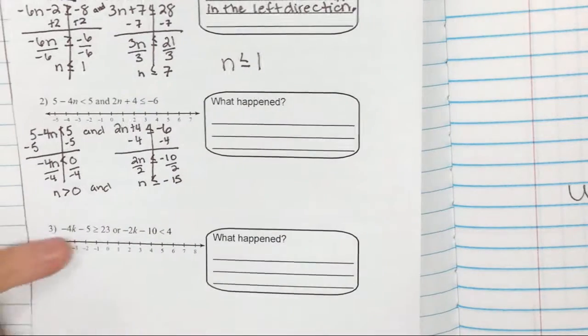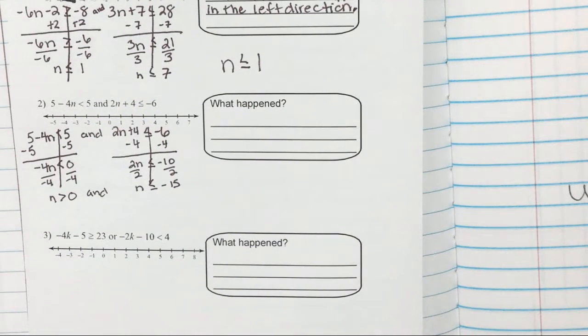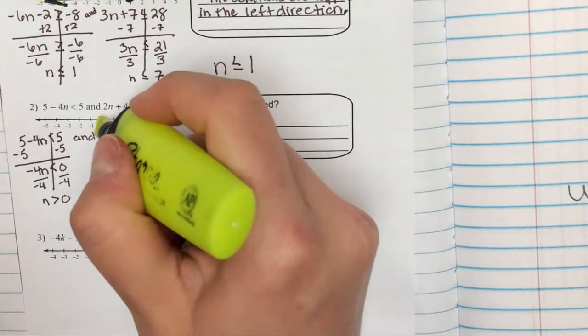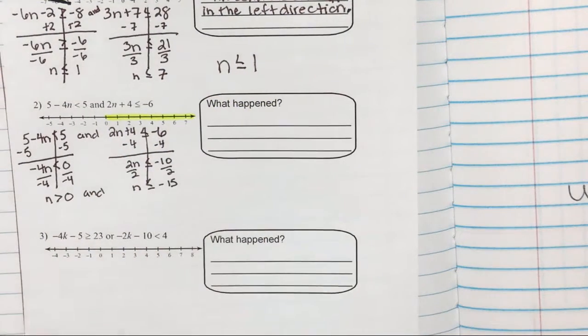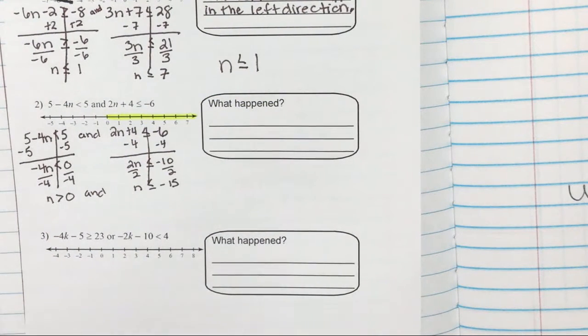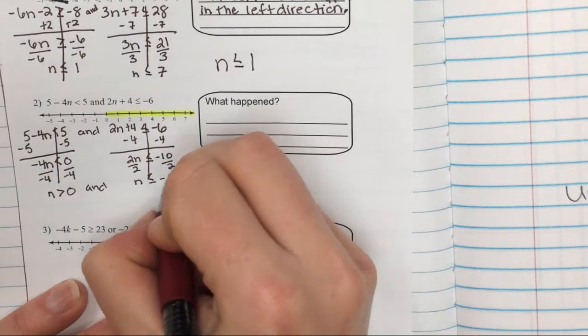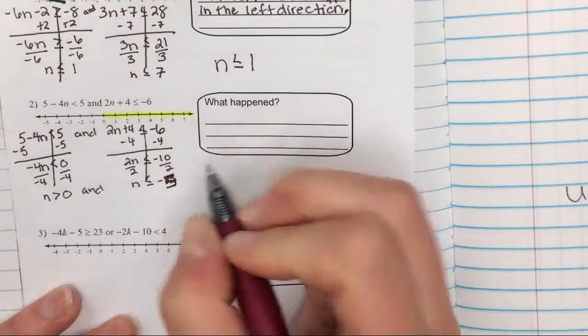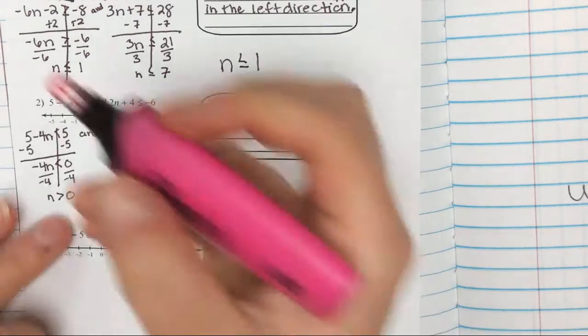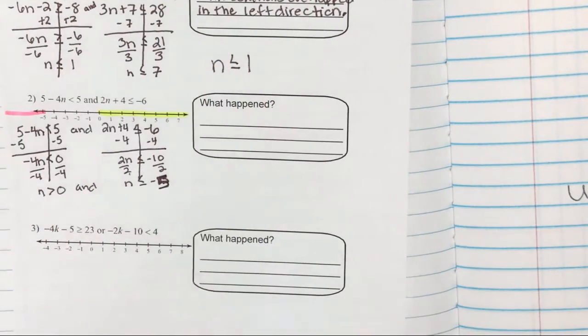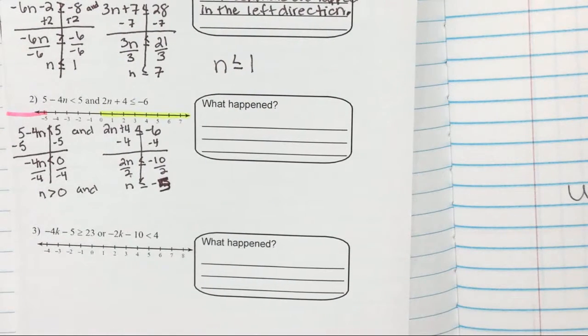So if I look at n is greater than 0, that's here. And if I look at n is less than or equal to negative 5, that's here. Notice that there is absolutely no overlap.